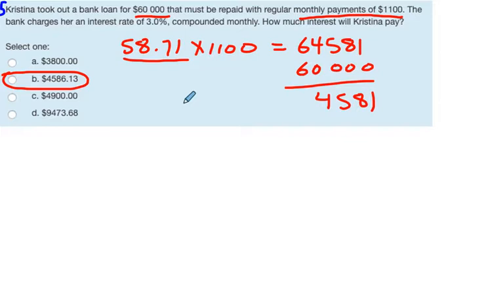So depending on which financial calculator you're using, when I use the TVM calculator on my phone, the app, I get more decimal places. So you would be more accurate, and this number would be closer to the 4586, which is the exact answer. So it's very close, close enough.